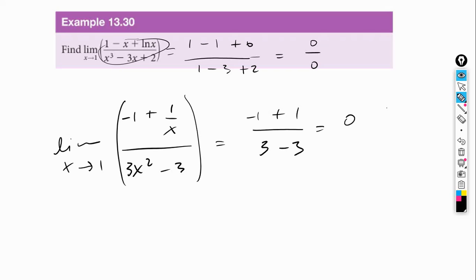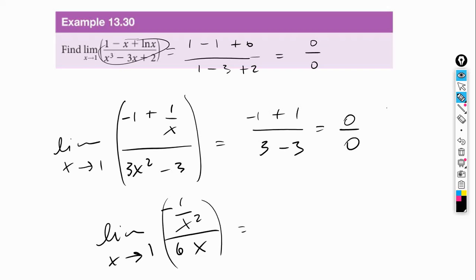So notice that again we get 0 over 0. That means that we can apply L'Hopital's rule once more. Minus 1 over x squared over 6x. And then we do the same thing again. Let's find the limit as x approaches 1 of this expression, negative 1 over 6.